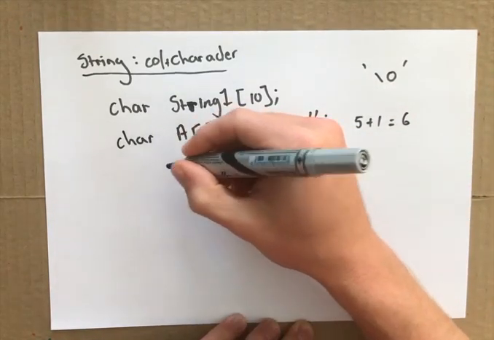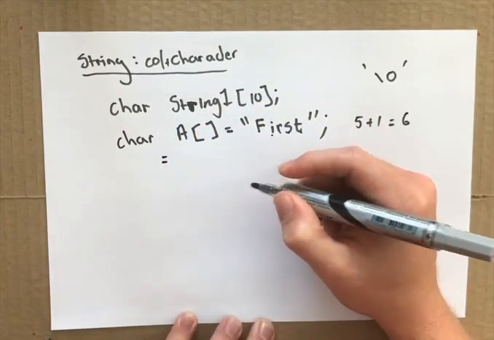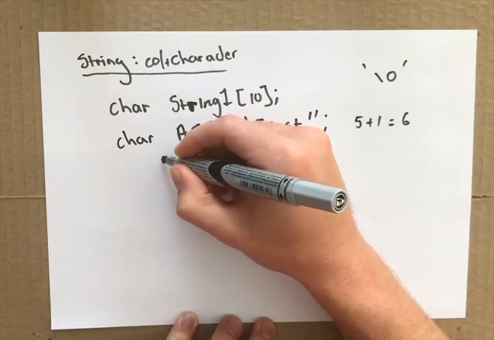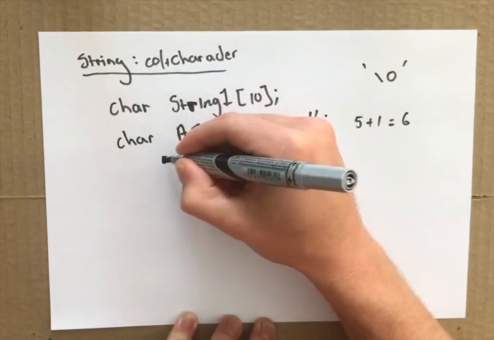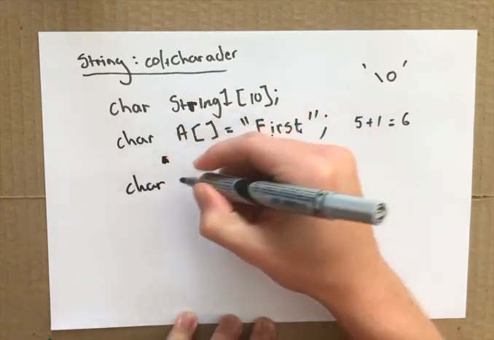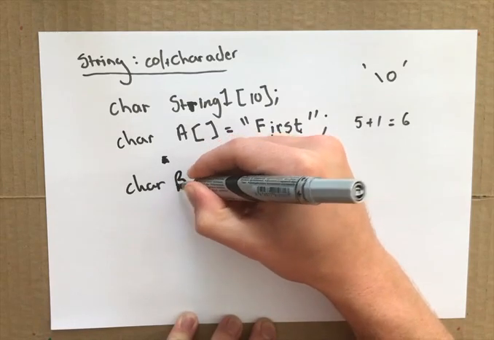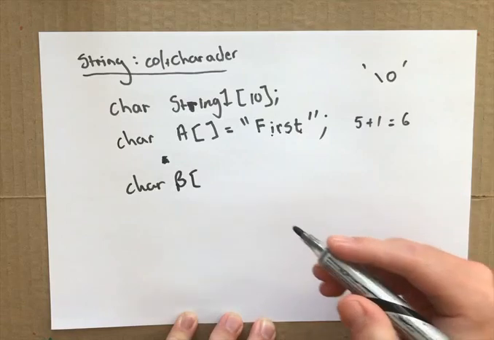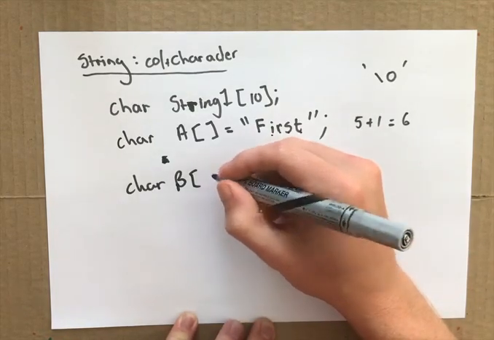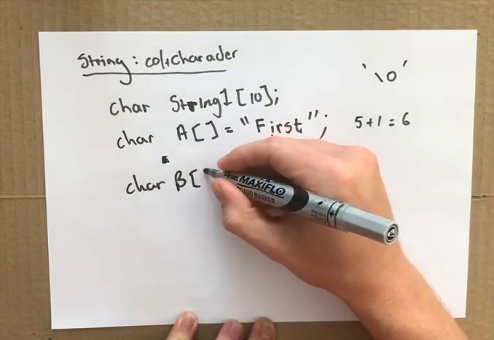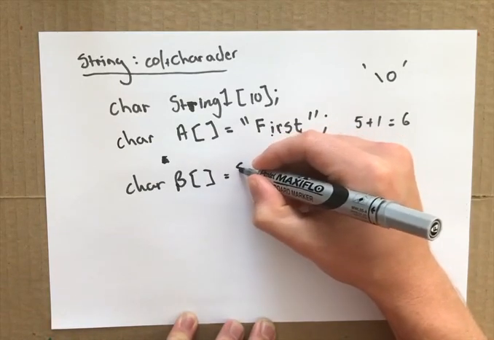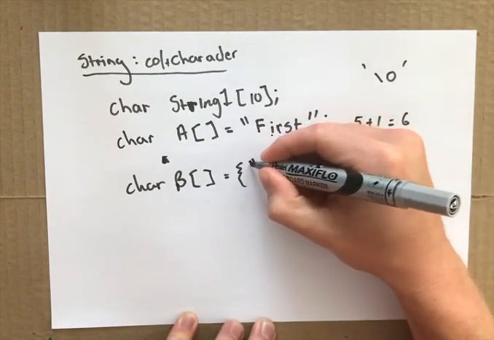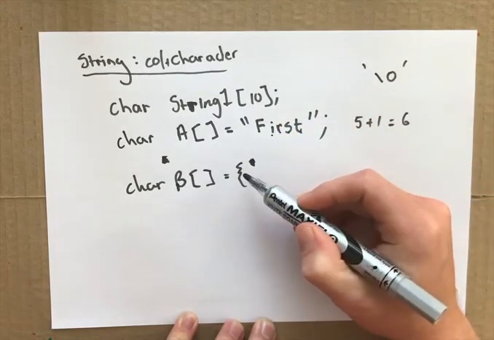Now, if you would declare this as a char, let's call it B for instance, a char B of size, and we declare the values now in the curly brackets.